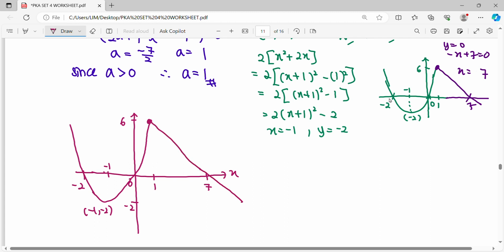Yeah? Straight line going down until 7. Label your x-axis, y-axis, and your function.